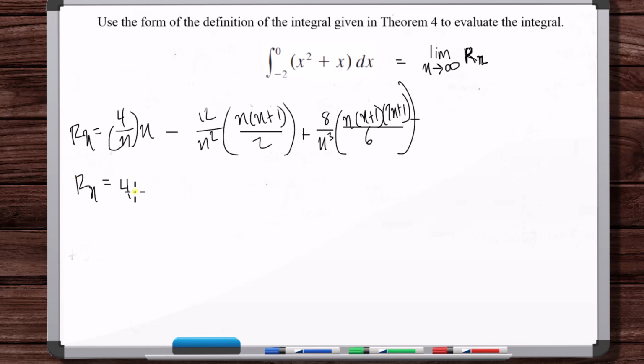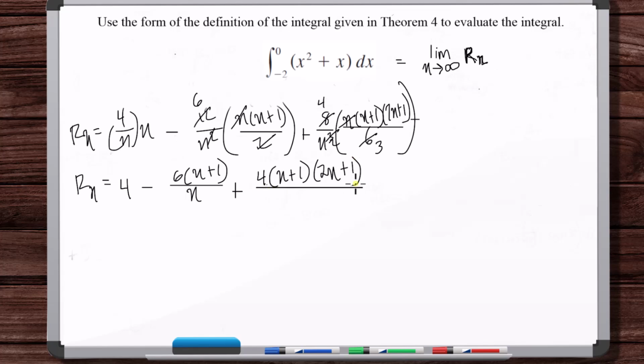We've got 4. Okay, this is 6. And we've got a 3 here.